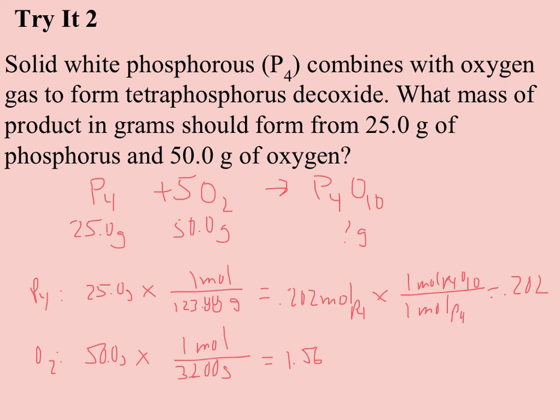So it appears I'm going to have more oxygen. Well, I do have more oxygen, and maybe I'll make more product with this. But now when I set up my ratio, I see that I only get 1 mole of product, P4O10, from 5 moles of O2.